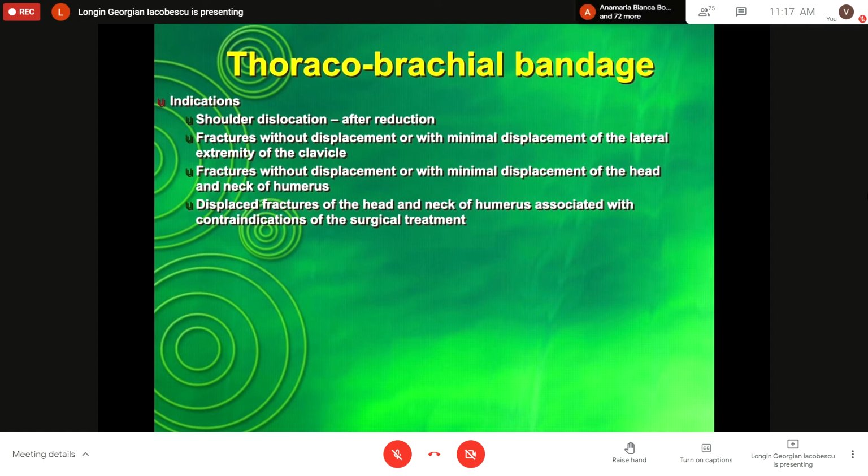Another indication is fractures without displacement or with minimal displacement of the lateral extremity of the clavicle. The middle part of the clavicle usually is treated with the Watson-Jones bandage, but for fractures without or with minimal displacement of the lateral extremity of the clavicle, we usually use the Dessau bandage.